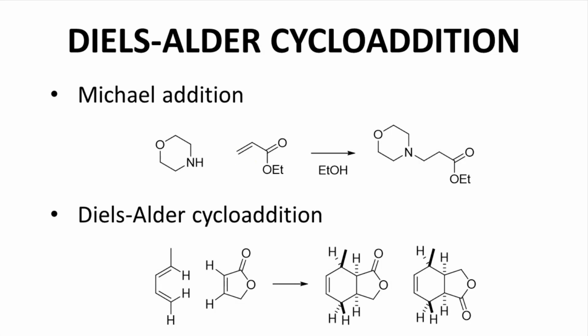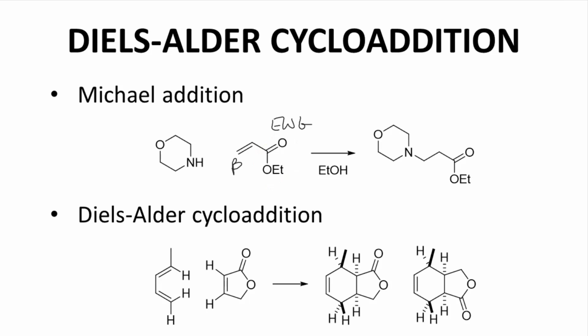The last slide hits two different additions. First, we have the Michael addition. The Michael addition involves a CC pi bond and is actually a nucleophilic alkene addition, not an electrophilic addition. A nucleophile, like an amine, can attack the beta carbon of an alkene that is attached to a strong electron withdrawing group.